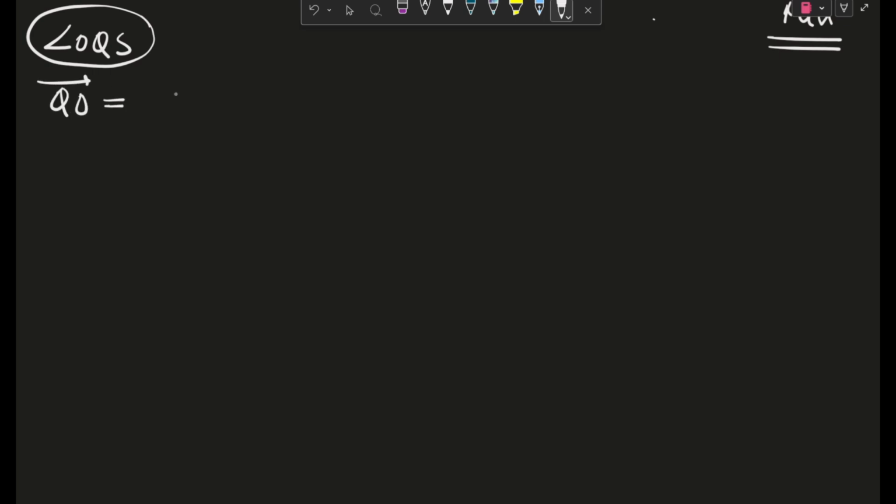Okay, so O was the origin. So QO vector will come out to be minus H, comma, minus YQ. So this will come out to be minus H, and minus root 9 minus H square.